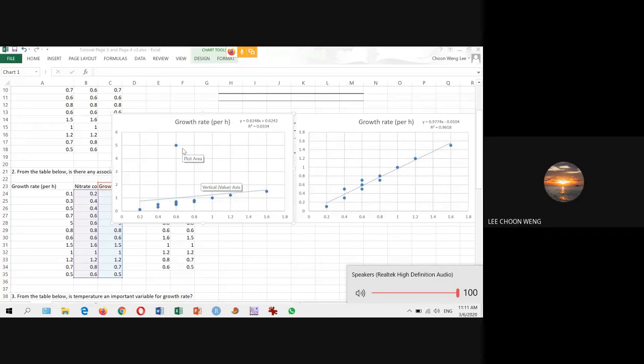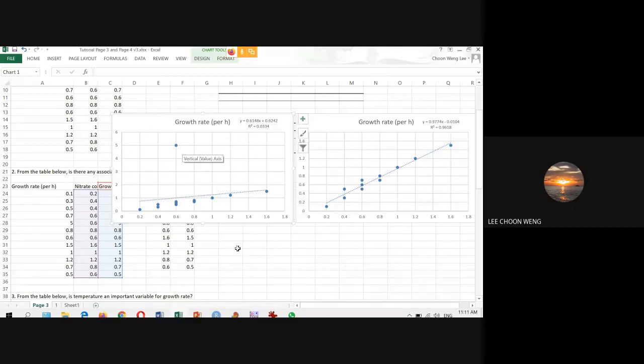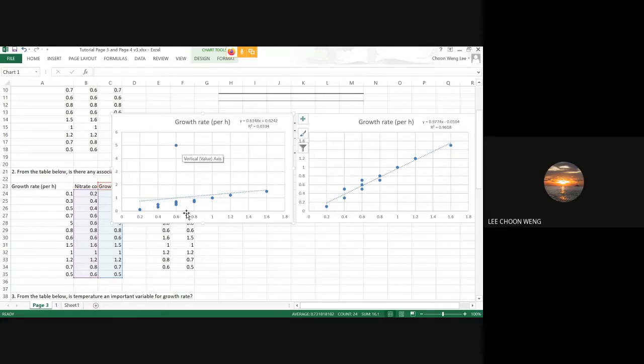Okay, it is not as definite a science as physics and chemistry. So it is of course acceptable to have variation or fluctuation in your data. Okay, so that's what I want to point out in this question, how you treat an outlier.